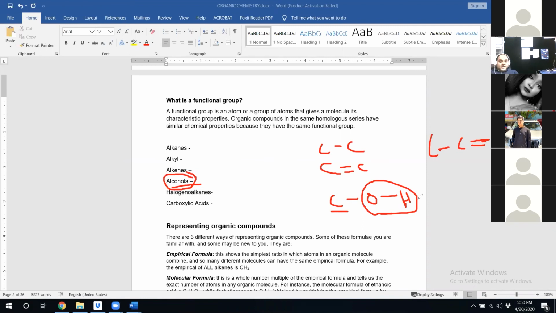If a carbon is bonded to a halogen, so halogen X could be fluorine, chlorine, bromine, iodine.